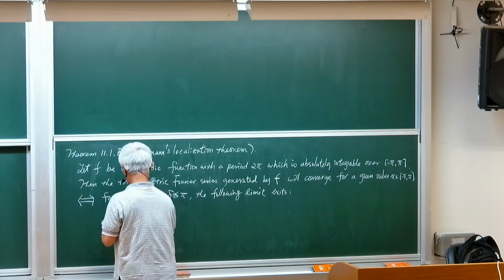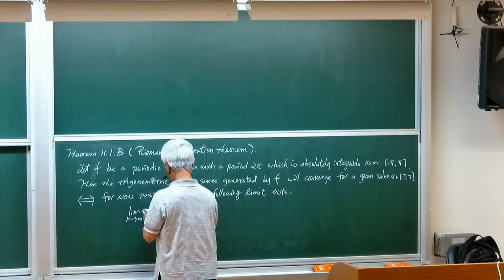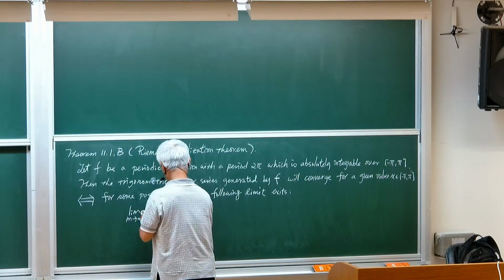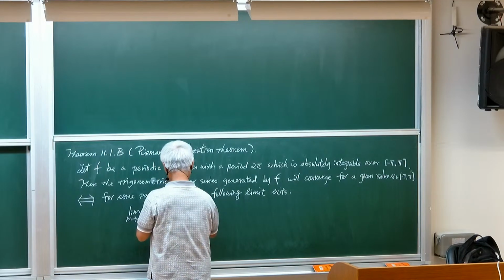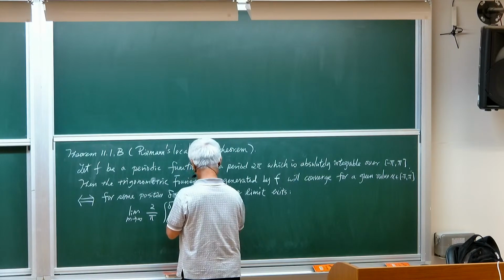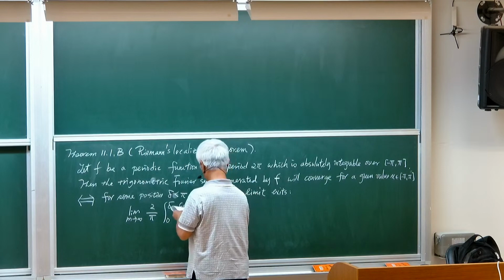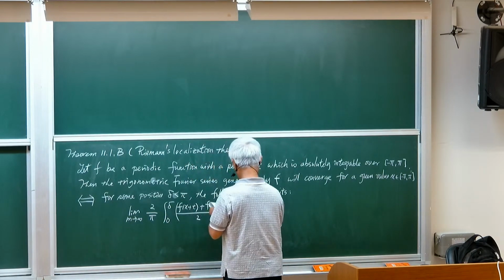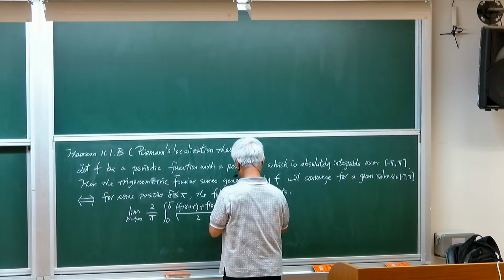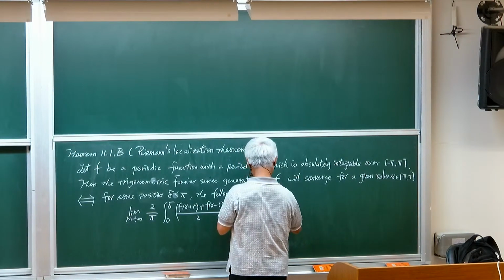Okay, so that limit, n goes to infinity, 2 over pi, integral from 0 to delta, of f of x plus t plus f of x minus t divided by 2, and the sine n plus 1/2 of t divided by t dt.